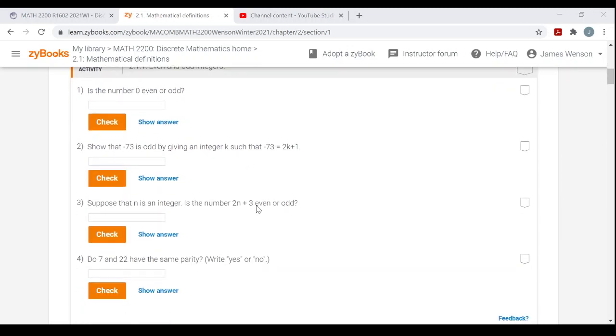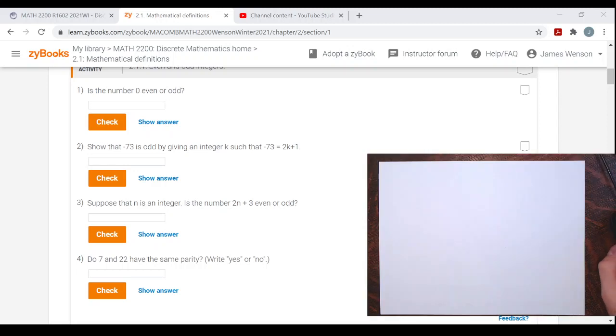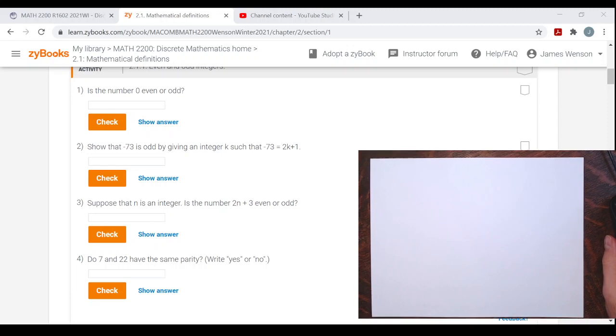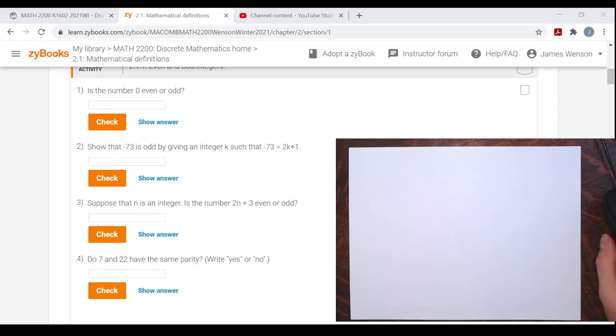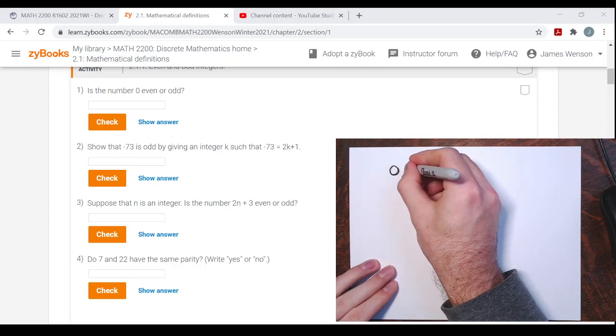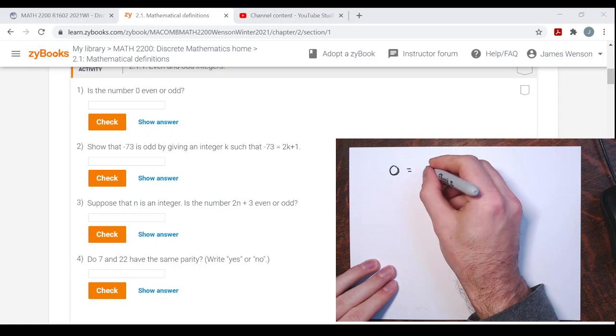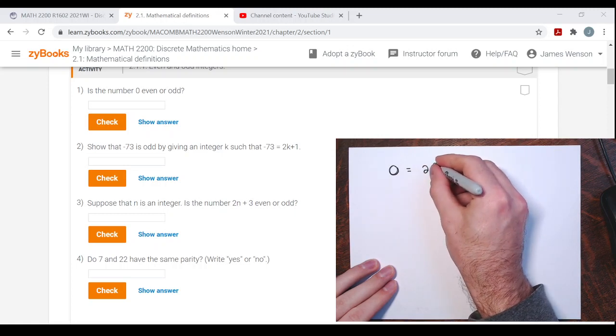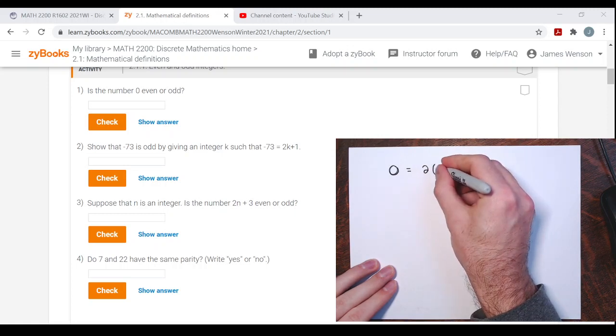Alright, so some examples relating to even and odd. Is the number 0 even or odd? Let me pull up some paper here. Let me make this a little bigger. The number 0 can be expressed as 2 times an integer, namely 0, can it?